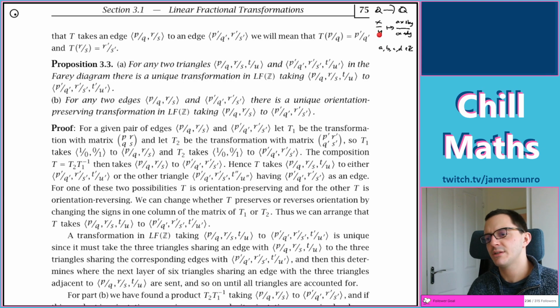I suppose you do get something in lowest terms, provided that AD minus BC is plus or minus 1. And we're very interested in numbers A, B, C, D where the determinant of that matrix is plus or minus 1. We've had them turn up in quite a lot of contexts in this book so far. They're matrices from a very particular subgroup of invertible matrices.